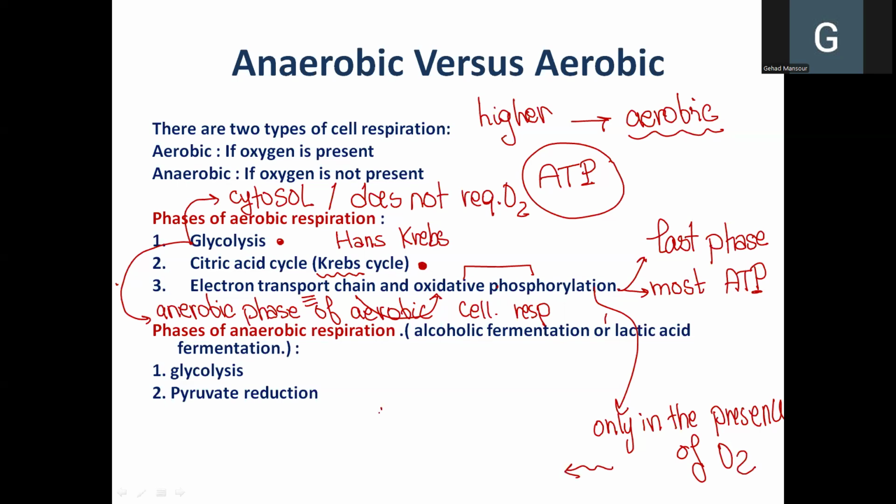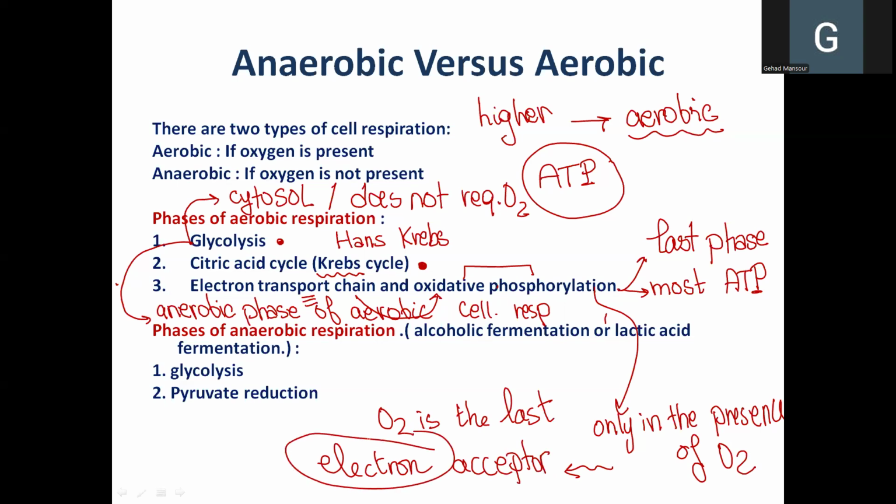This is because oxygen is the last electron acceptor in this chain of electron transport molecules. So if oxygen is not present, the final electrons will not be accepted and the whole chain will stop. The whole biochemical pathway will stop.